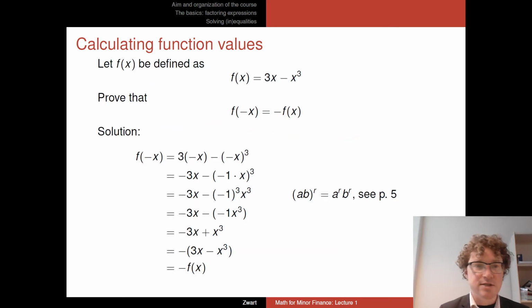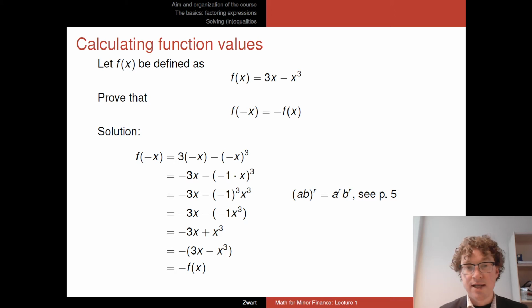Let's practice this a bit with an example question. Suppose we have a function defined as, given an input x, I want to multiply it by 3 and subtract x to the power 3, the input to the power 3. So the function is 3x minus x to the power 3.